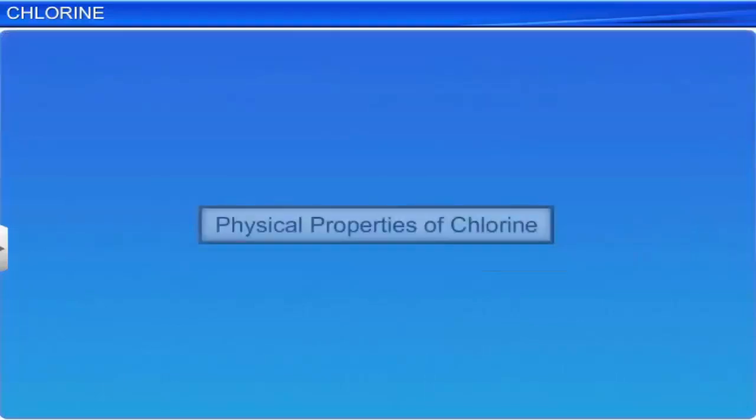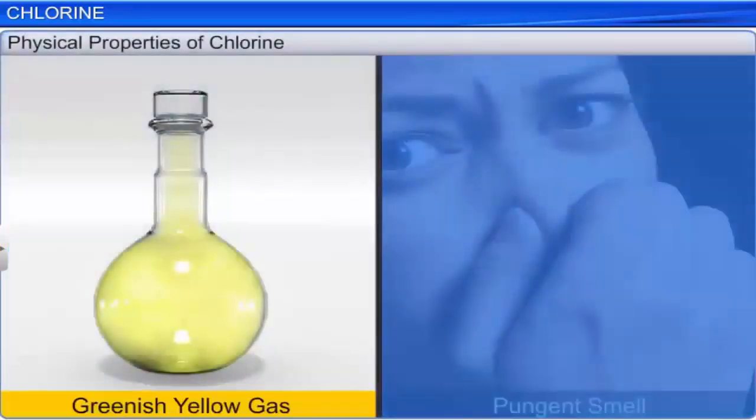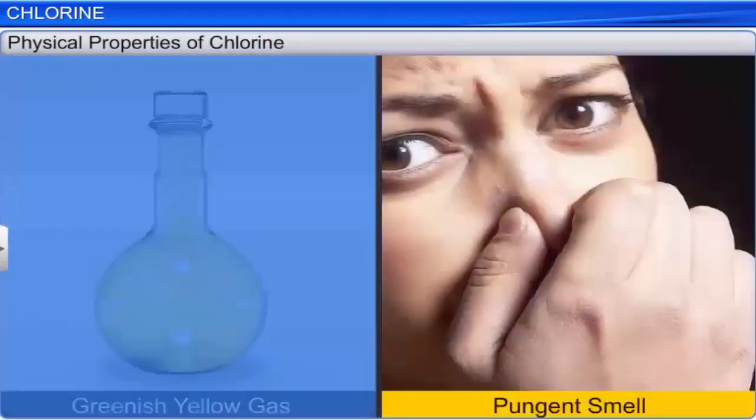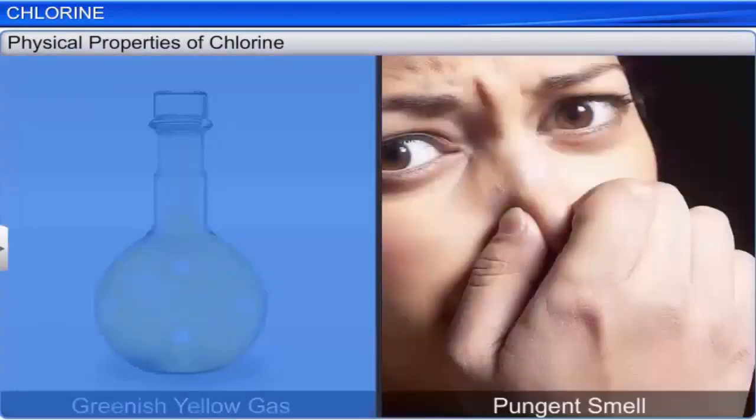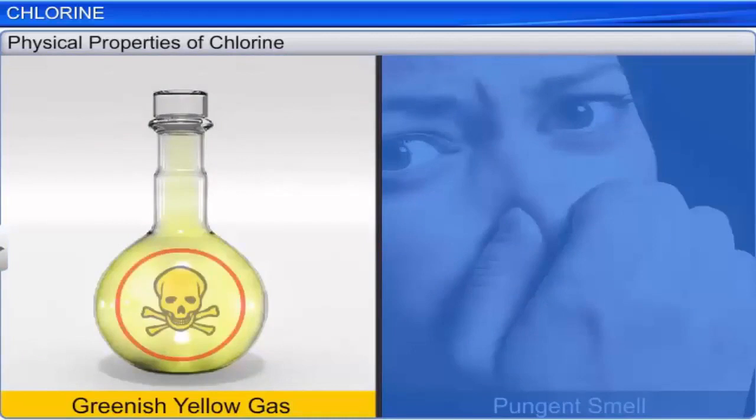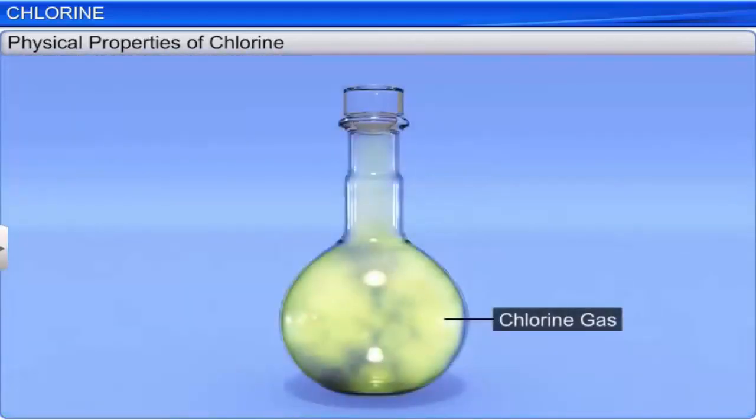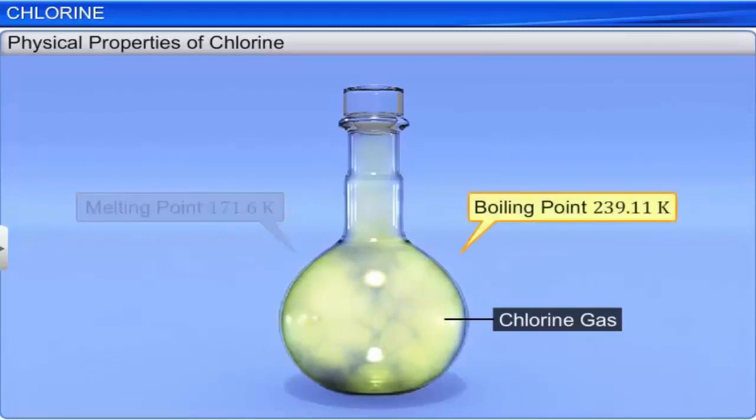Let us now look at the physical properties of chlorine. It is a greenish-yellow gas with a pungent smell. It is poisonous in nature. It has a melting point of 171.6 Kelvin and a boiling point of 239.11 Kelvin.